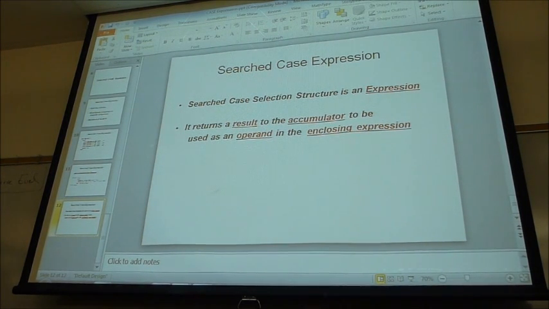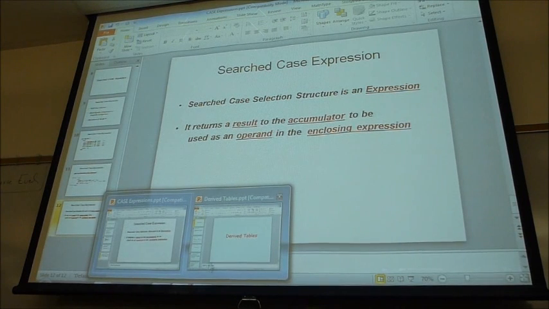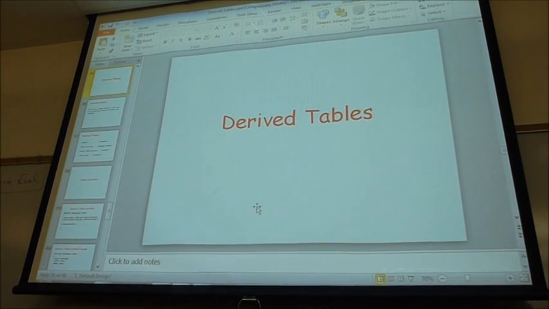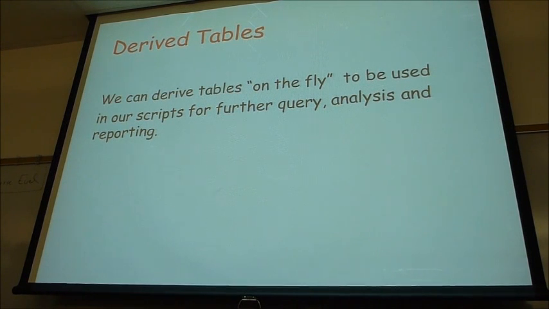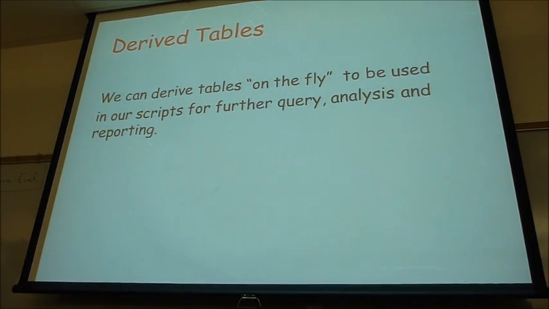Okay, now let's take a look at derived tables. We've been doing derived tables. I'm just going to list what we've done, and then if we need to review them, we can. If not, we're going to go ahead with the table variable, which I've already introduced by the back door, so to speak. We can derive our tables on the fly in our scripts for further query analysis and reporting.